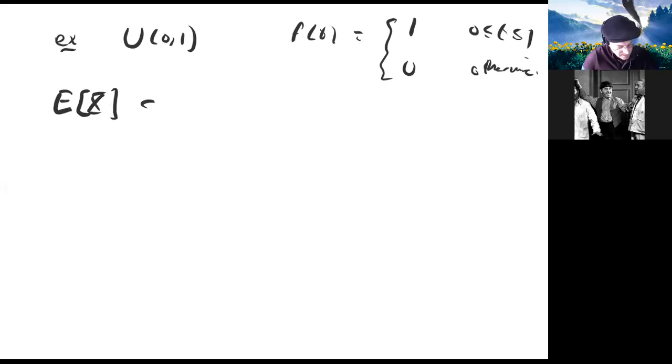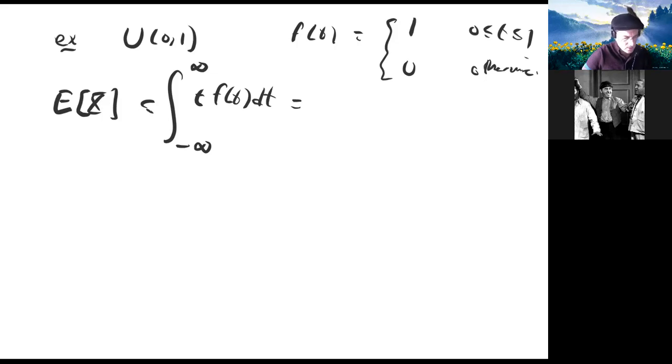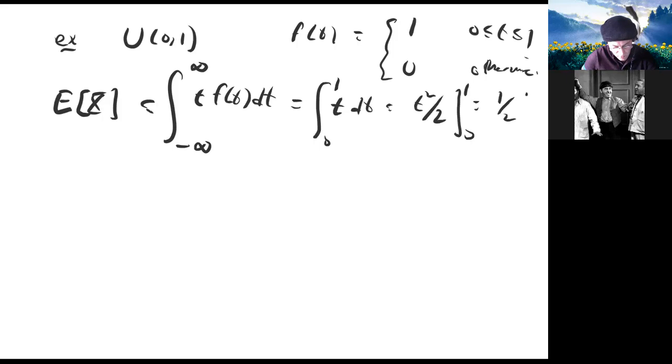By the definition I gave on the previous slide, it's the integral from minus infinity to infinity of t times f of t dt. But f is only non-zero between 0 and 1, so this is the integral from 0 to 1 of t times 1 dt, and you get t squared over 2 from 0 to 1, giving a value of 1/2. So the expected value of a uniform distribution of type 0, 1 is 1/2.